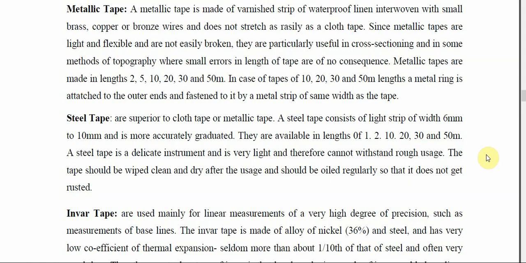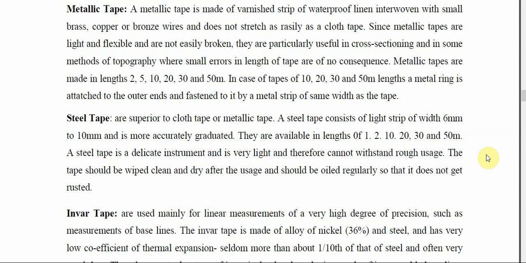But because it is interwoven with waterproof linen, this type of metallic tape is light, and it is flexible, and it is not easily broken.